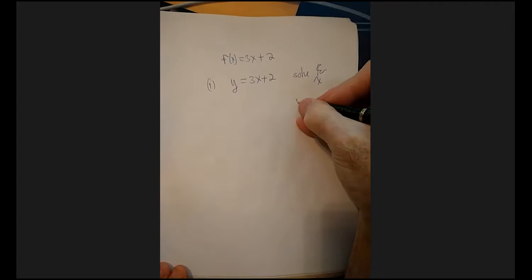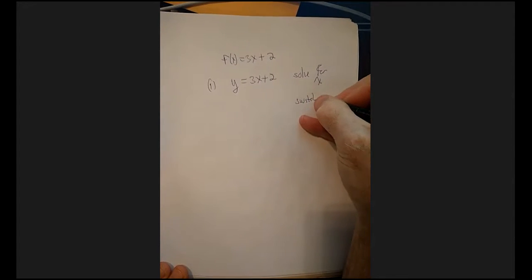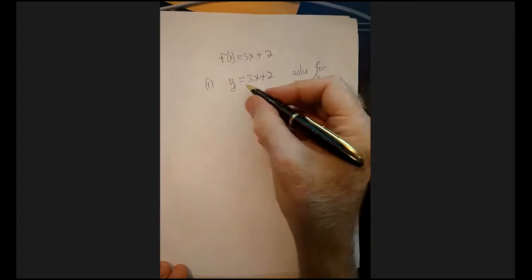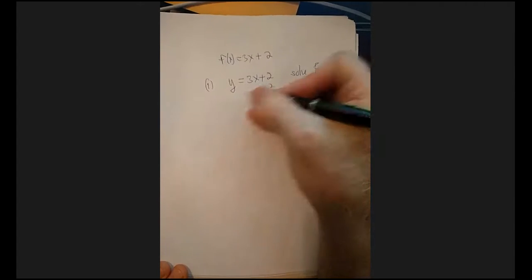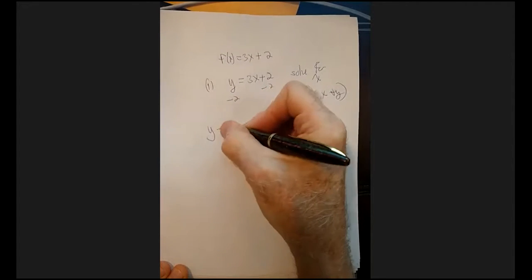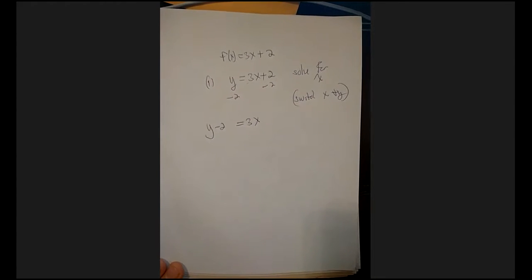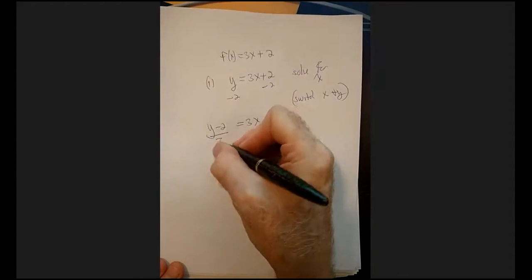And then you're going to switch x and y at the end. So I solve for x here. I subtract 2 from each side. And then I divide by 3.